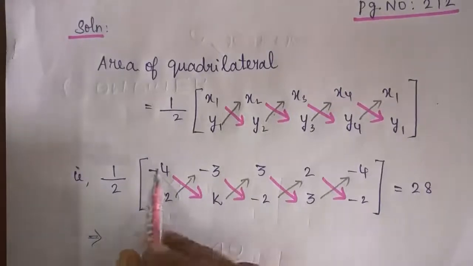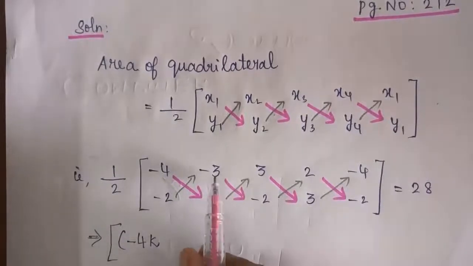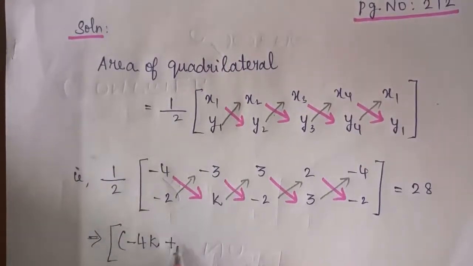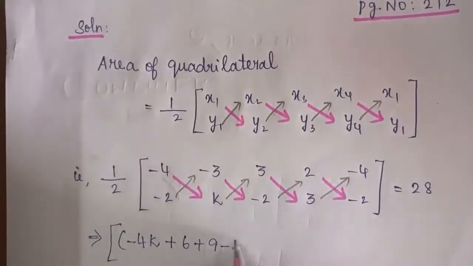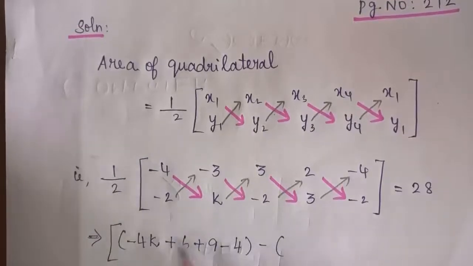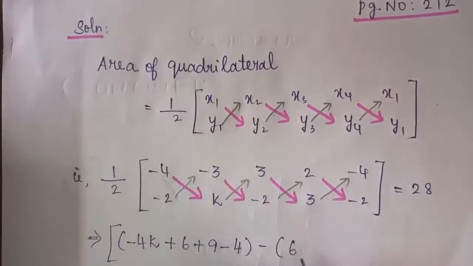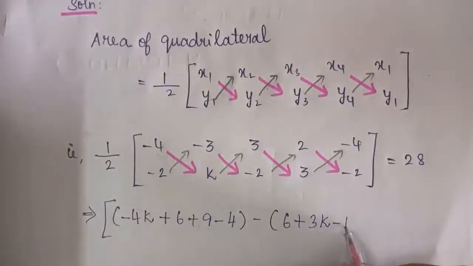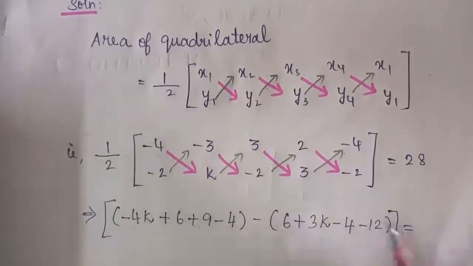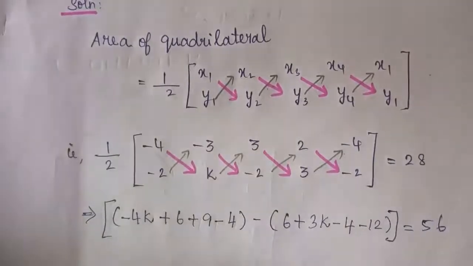Which implies minus 4 into k is minus 4k, minus 3 into minus 2 is plus 6, 3 3s are 9, 2 into minus 2 is minus 4, minus 2 into minus 3 is 6, 3 into k is 3k, minus 2 into 2 is minus 4, 4 3s are 12, so minus 12, which is equal to 28 into 2, which is 56.